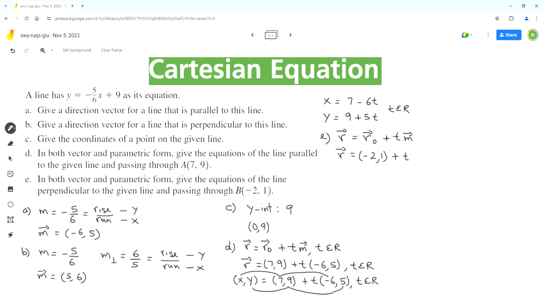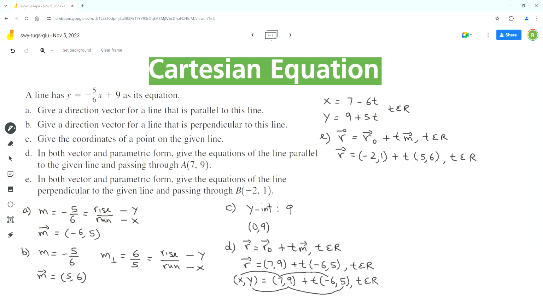And in part B, we found the direction vector for a line that is perpendicular to the given line, which is 5, 6. So we can use that in this vector equation. So this is the vector equation of a line that's perpendicular to the given line.